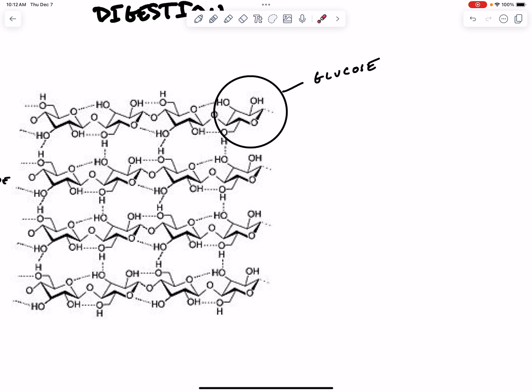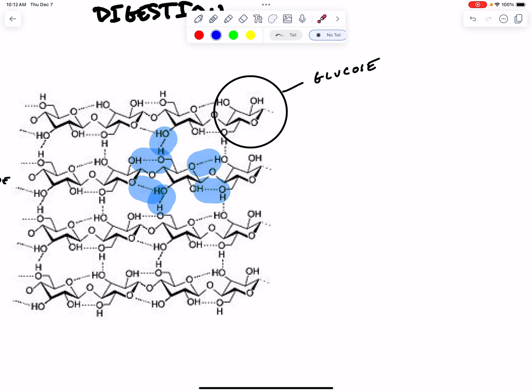But you can also see, if we examine this glucose monomer, for example, slightly grainy but you can still see, dotted lines that I'm going to highlight here. These represent hydrogen bonds that hold these long strings of glucose in line with strings next to them.